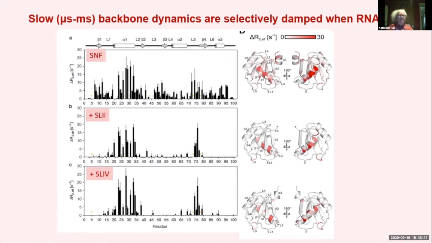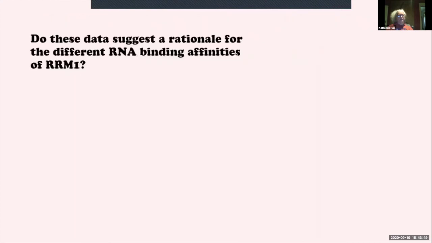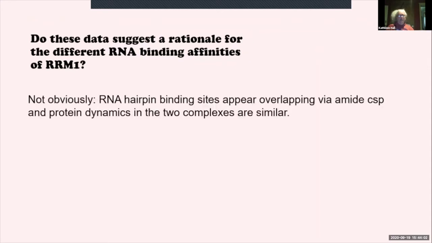So that's significant because, well, do these data suggest a rationale for how the binding affinities of those two RNAs are different? Well, I would have to say not really, because the binding sites appear overlapping via the chemical shift perturbations, and the protein dynamics are pretty similar.